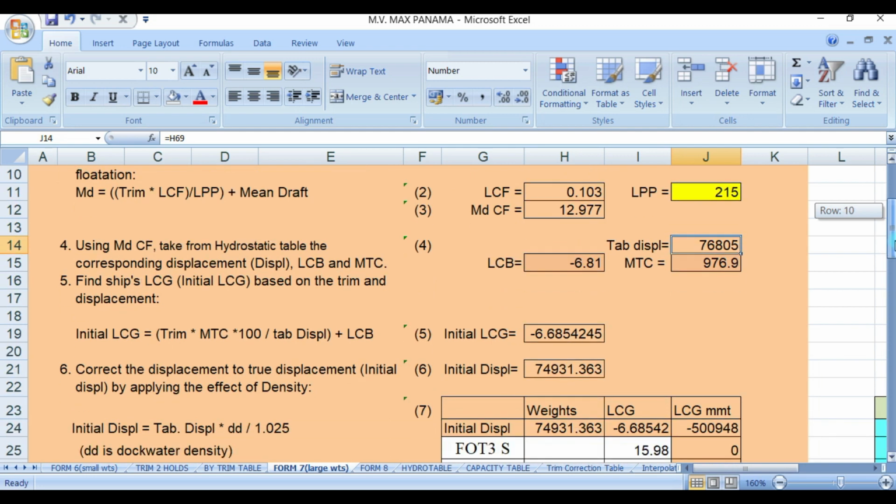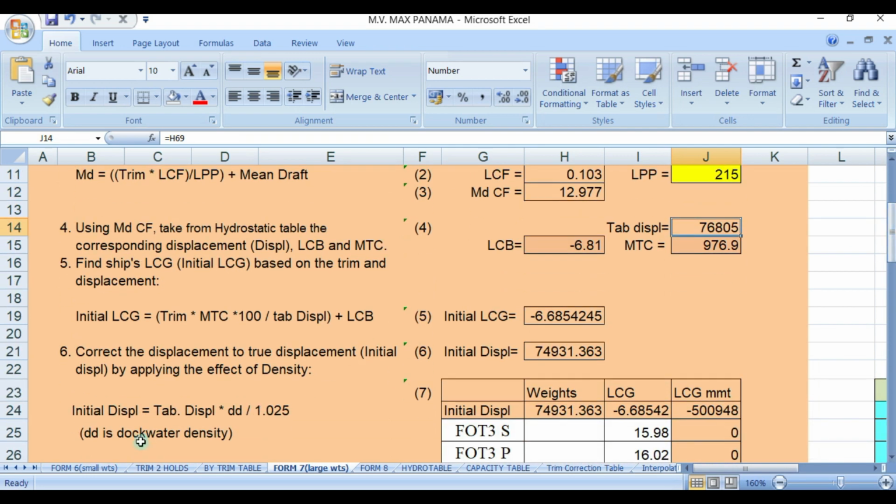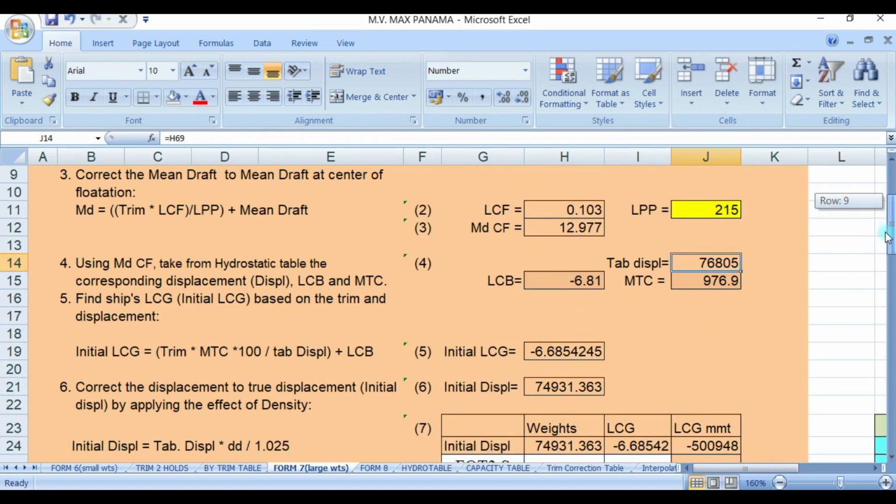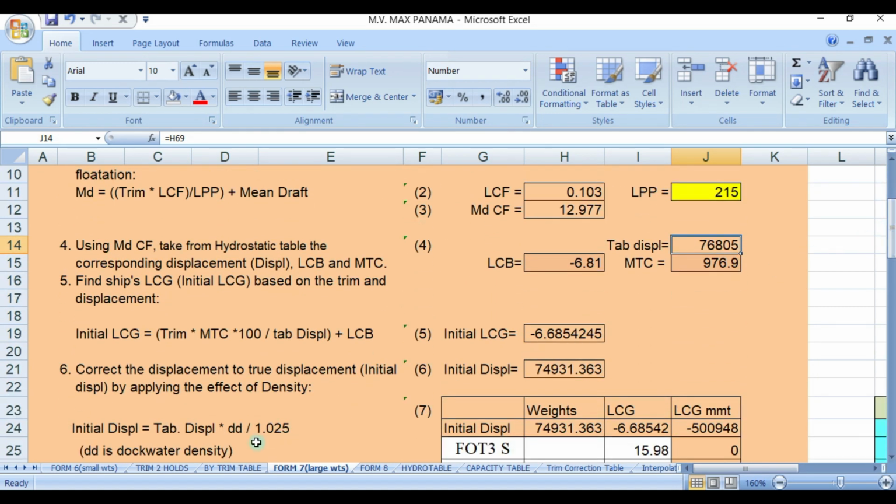So the formula for that one is tabulated displacement, which is this one, 76805, times your local density, the dock water density, which is this one, 1.000, divided by the constant of 1.025.